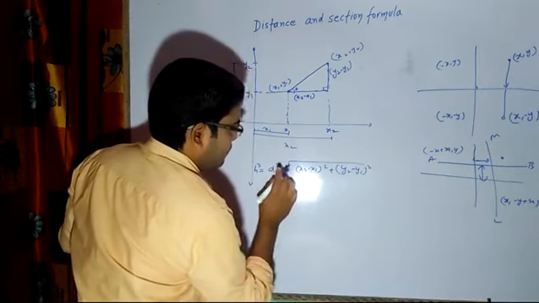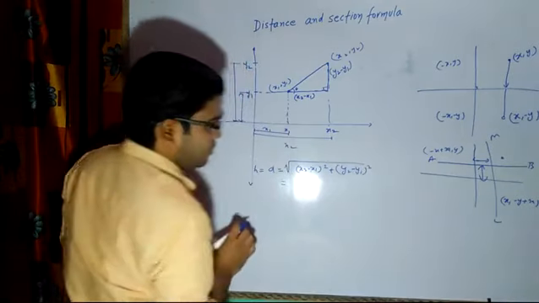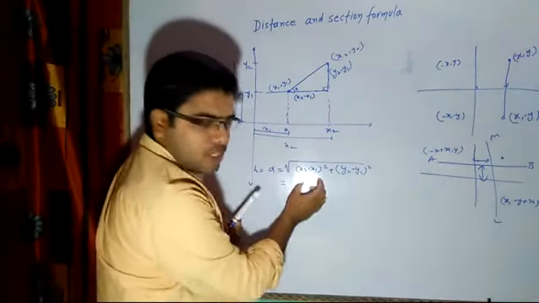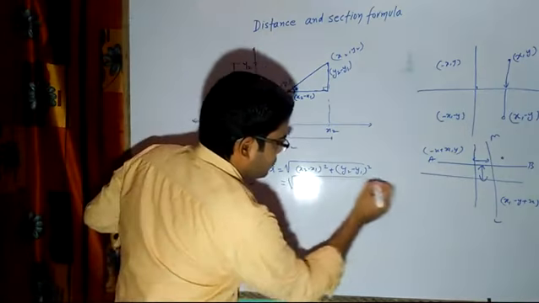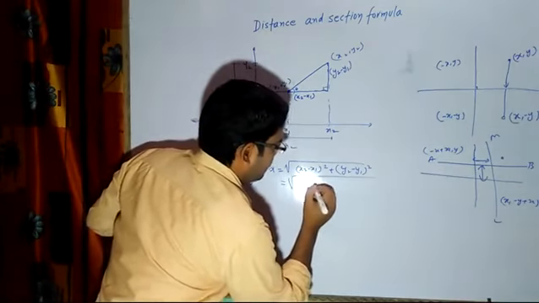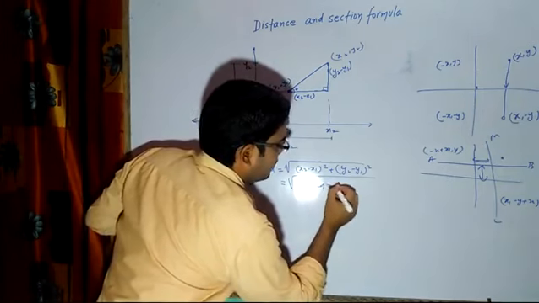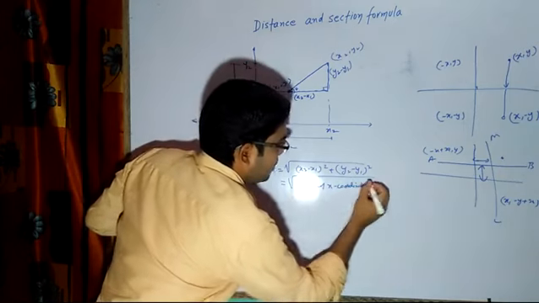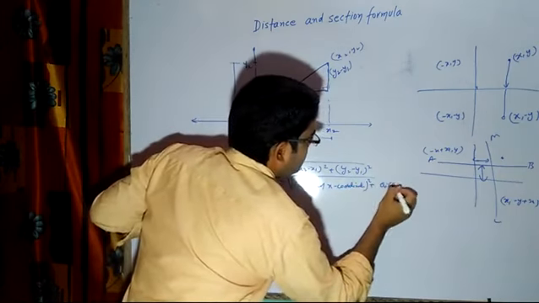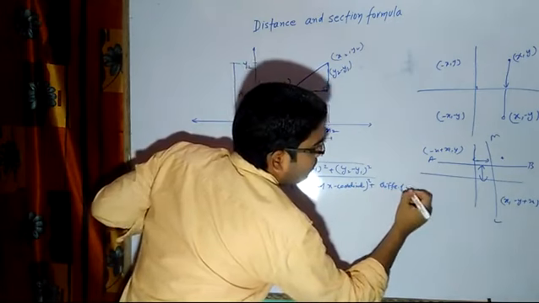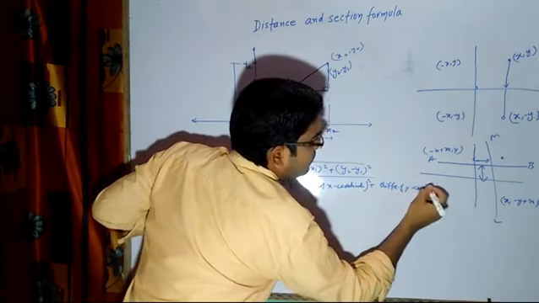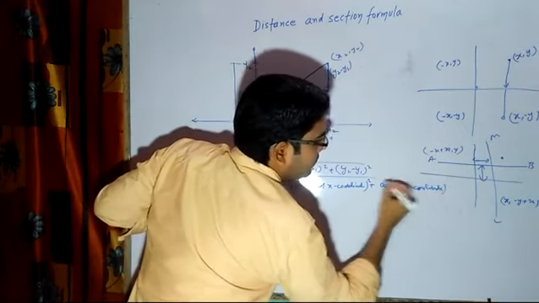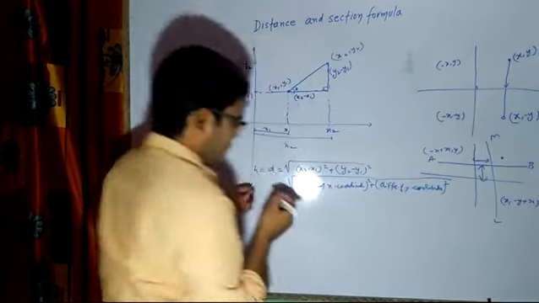So from here we got that the distance between 2 points is always measured as the square of the difference of the x coordinates plus the square of the difference of the y coordinates, under a square root.